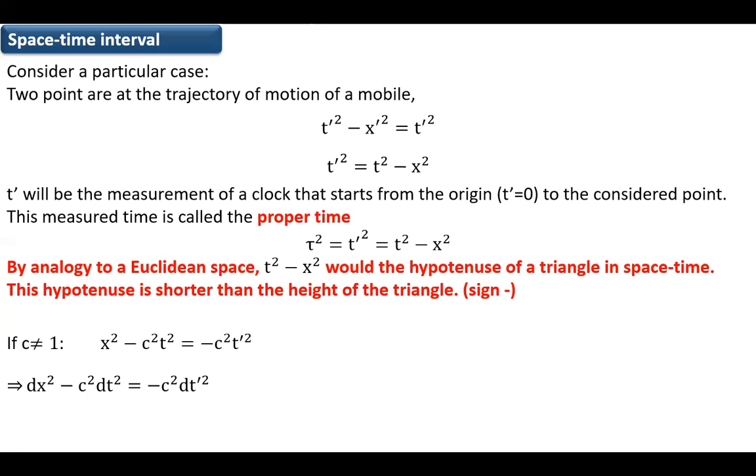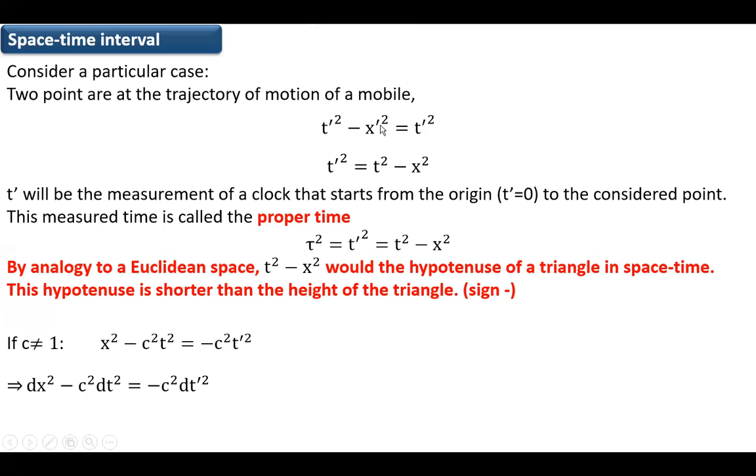If the mobile is moving on the line x equals vt, which is the t prime axis, that corresponds to x prime equals 0. In this case, the distance in the mobile frame is 0, so the quantity t prime squared minus x prime squared is simply equal to t prime squared, because x prime is equal to 0.